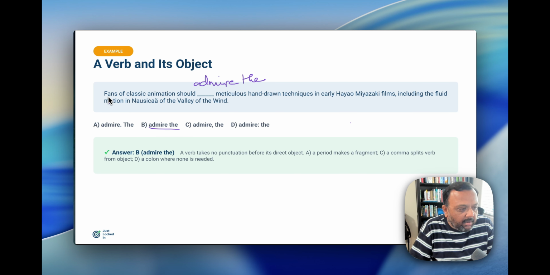Like for example, take the first one. Fans of classic animation should admire. That's almost incomplete, right, as a sentence? And therefore, this is obviously incorrect. If you take C, fans of classic animation should admire, comma, the meticulous hand-drawn techniques in early Miyazaki films, comma, including the fluid.